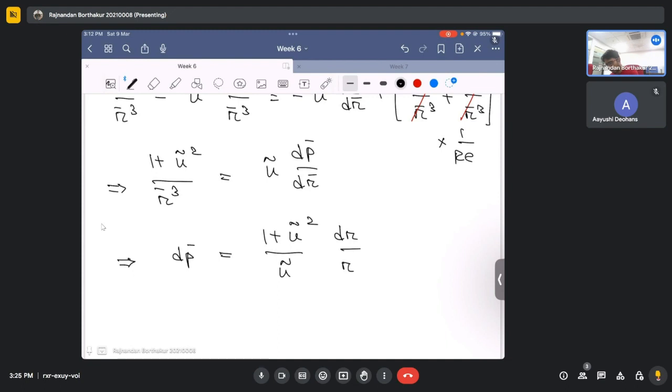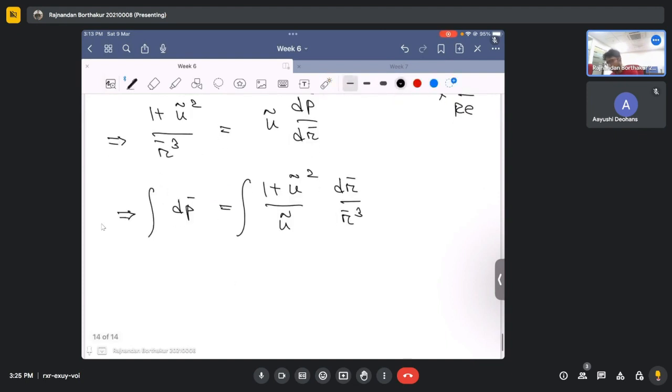I hope the math is clear. So this pressure term we kept on one side, and this term we just brought into the denominator. Now let's do the indefinite integration, and we'll have a constant over there.